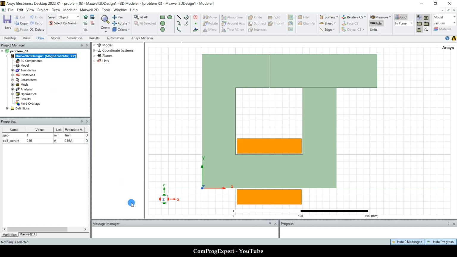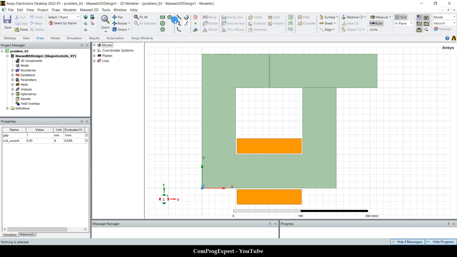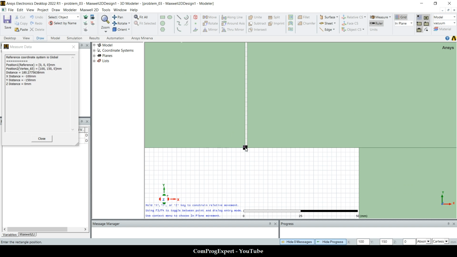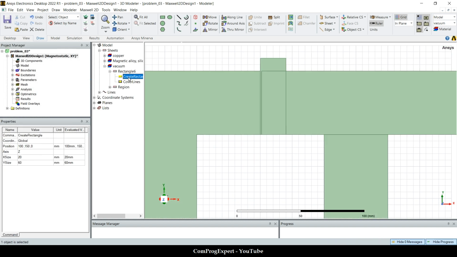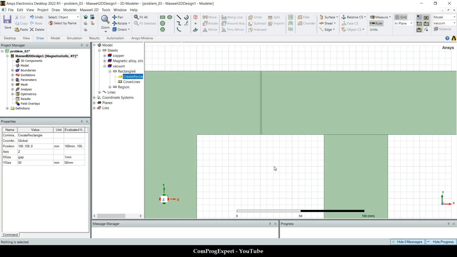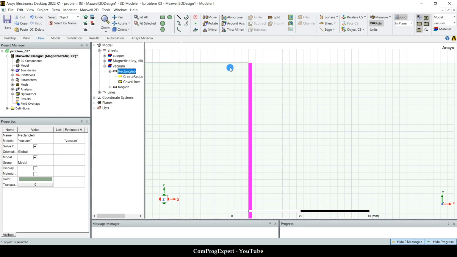So how to calculate the energy stored in the iron parts and in the air gap? Let me define this rectangle here to calculate the energy in the air gap. Rectangle 6, the position is this one, x size is gap, y size is 5 centimeters or 50 millimeters. This is the air gap.